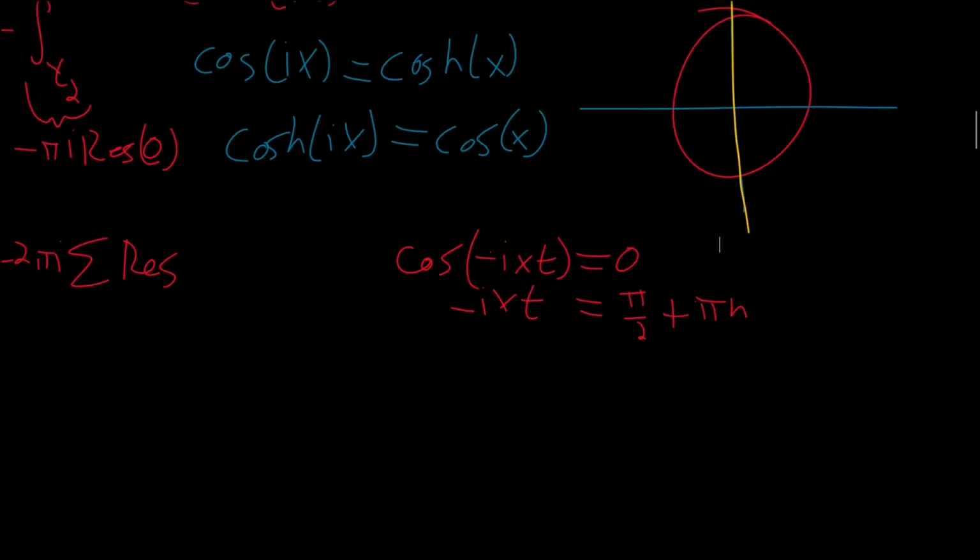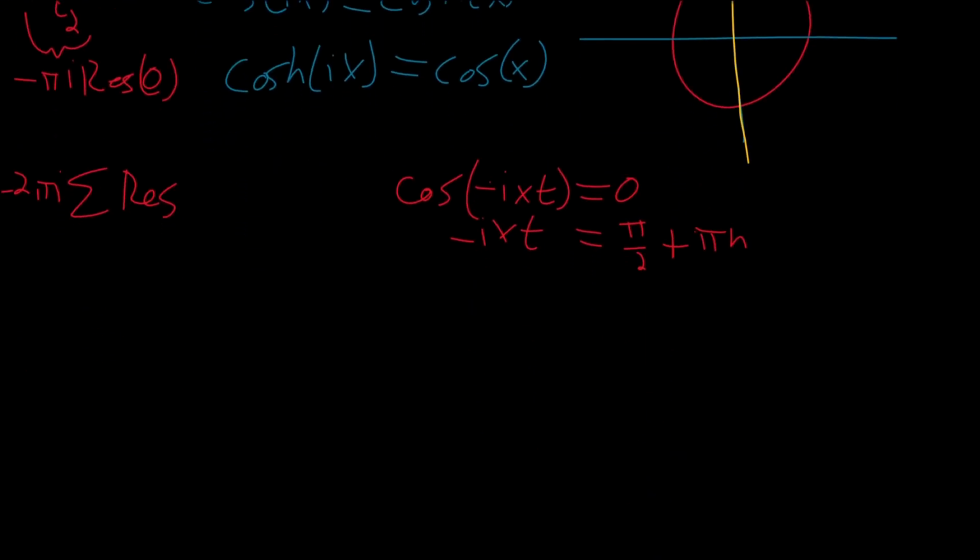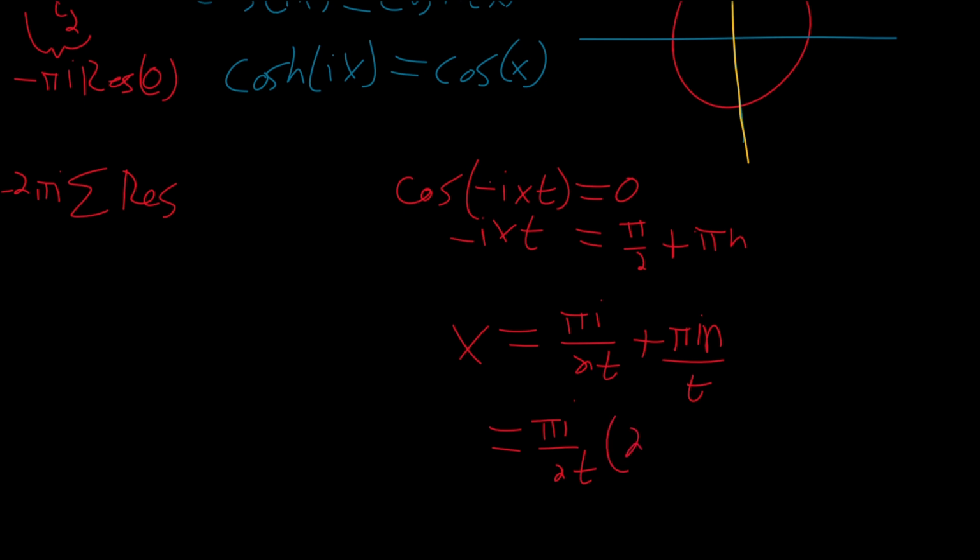So solving for x right here, we find that our poles are at pi i over 2t plus pi i n over t as well. And we can factor out a pi i over 2t to get this in a nice little form: pi i over 2t times 2n plus 1. That way it's just a bit nicer.